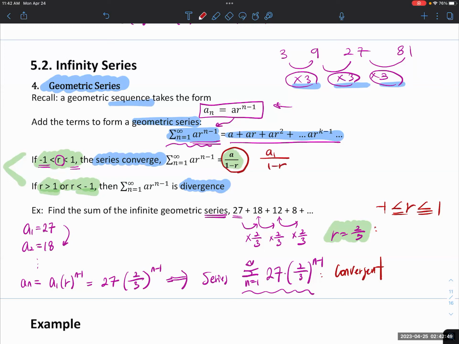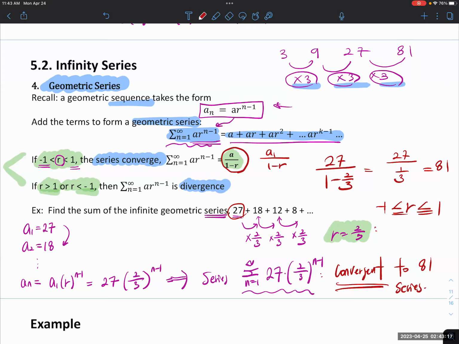So the first number was 27 over 1 minus 2 over 3. Let's calculate that. 27 over 1 minus 2 over 3 is 27 over 1 over 3. It's 81. So they're heading to 81 as a convergent series. That's how you check it. Simple.